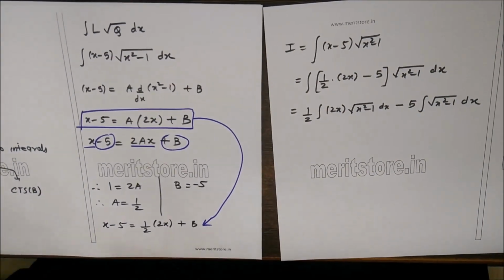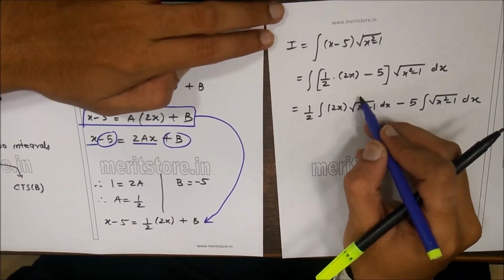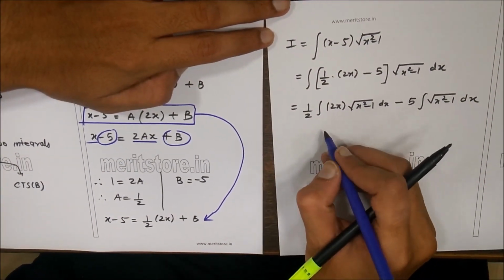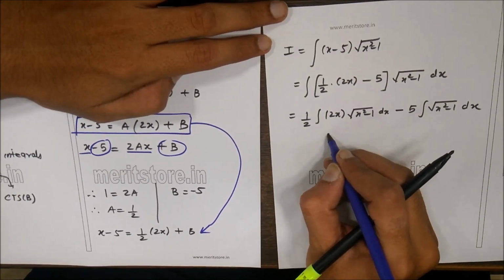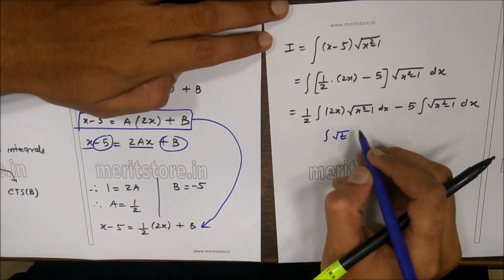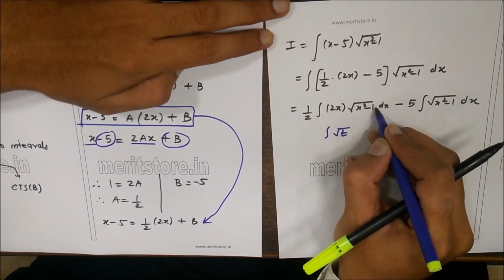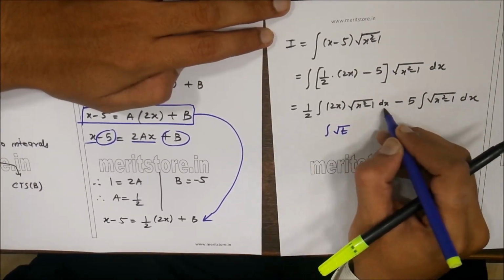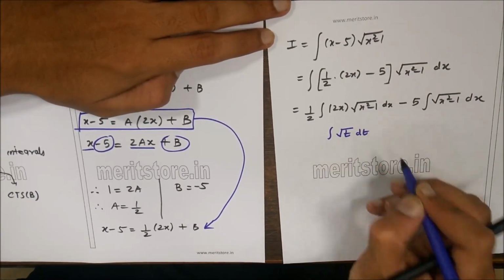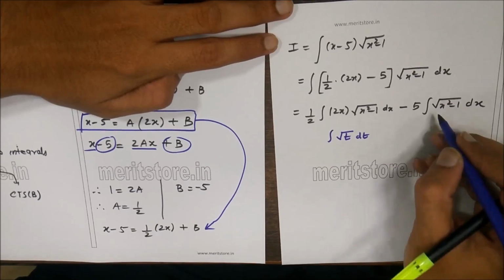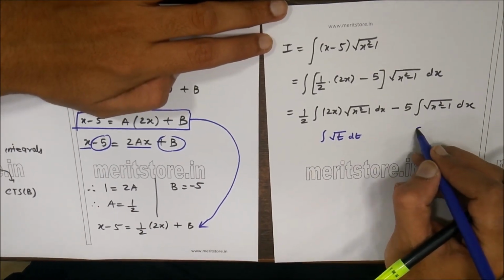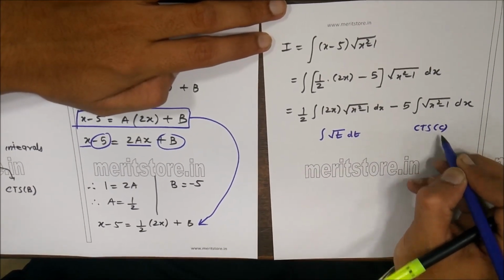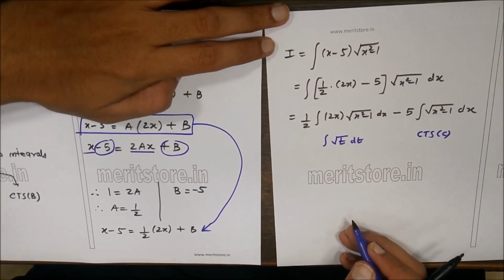At this step, after separation, check that this is of the category integral of root of t. When I substitute x square minus 1 as t, 2x dx will become dt. And this is of the category CTS-C, which we discussed previously.